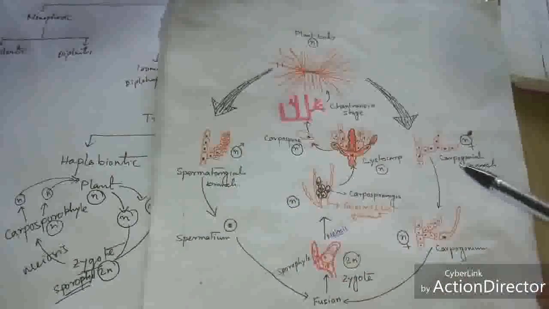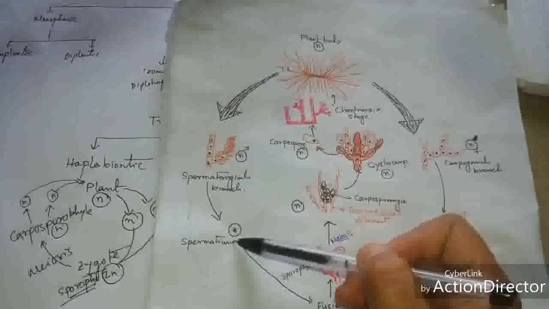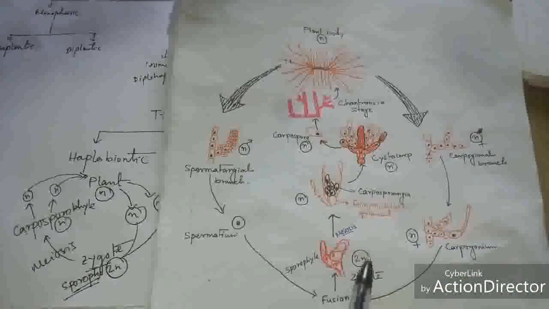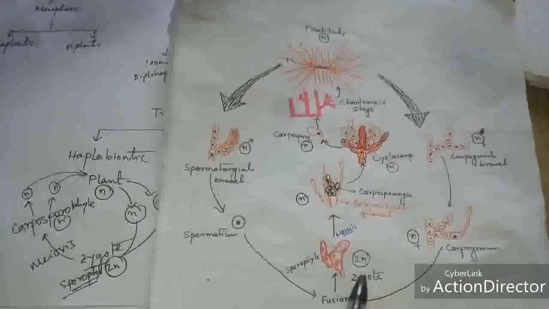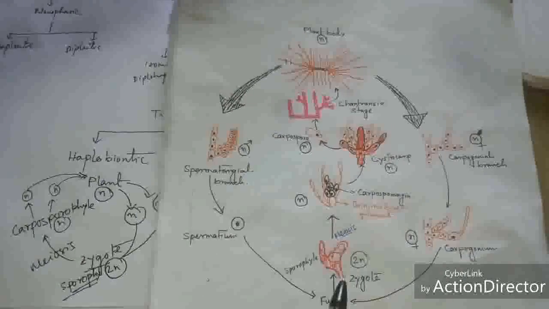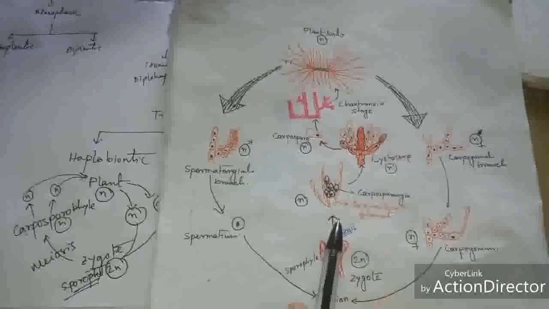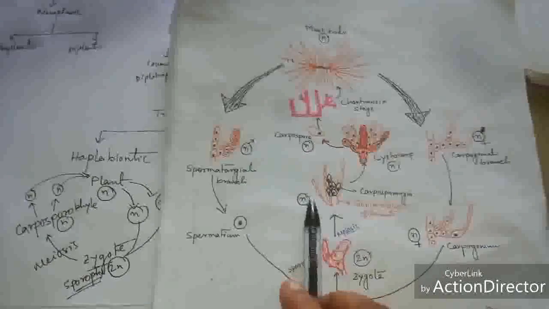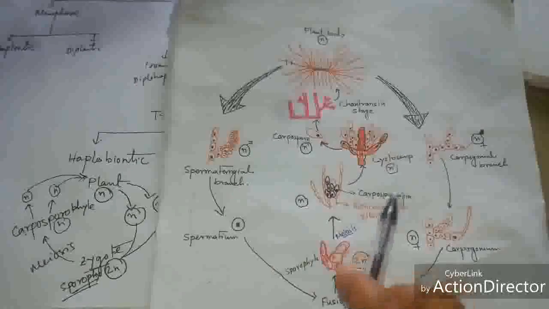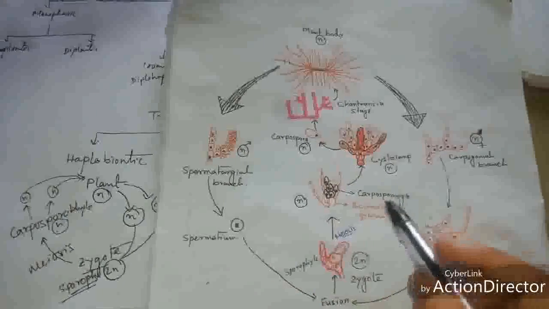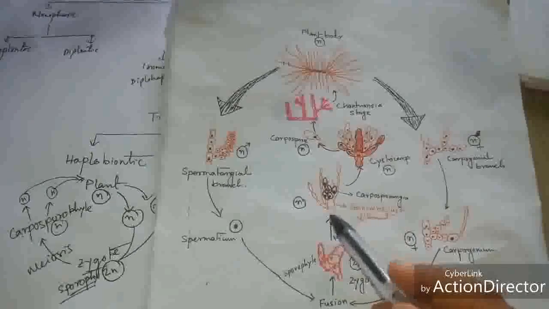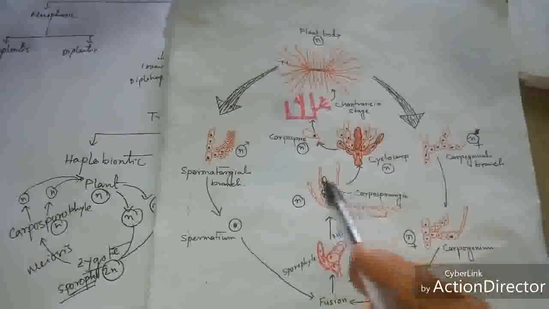From these, spermatium and carpogonium fuse and produce a zygote which is diploid type, and this diploid zygote after meiosis produces carposporangia. A special type of branch is also found in this life cycle. This is called gonimoblast filament, and in this gonimoblast filament carposporangia are produced.